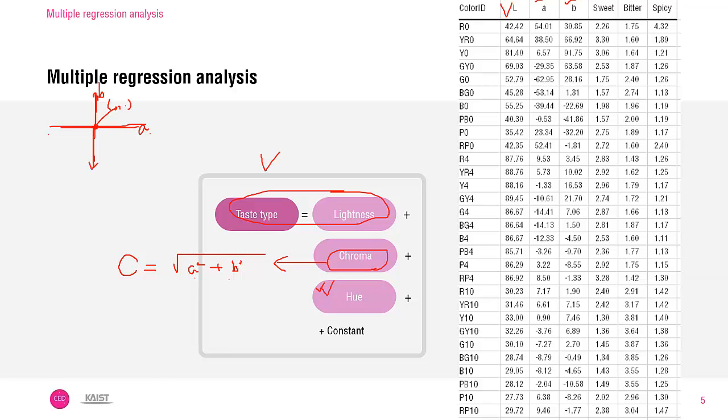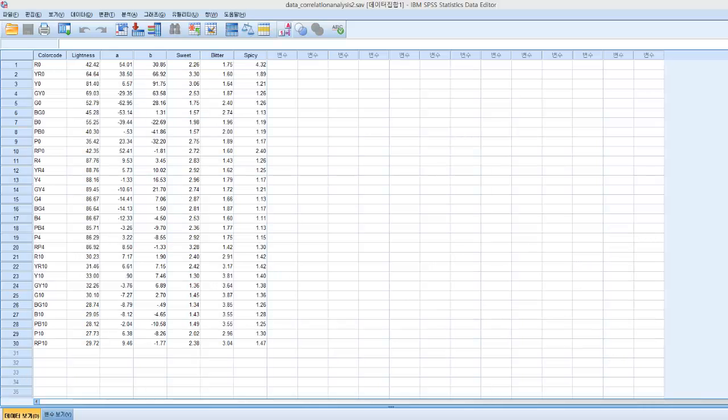Therefore, my idea is to take 4 independent variables because hue has a score of A and B. So lightness, chroma, A, and B.